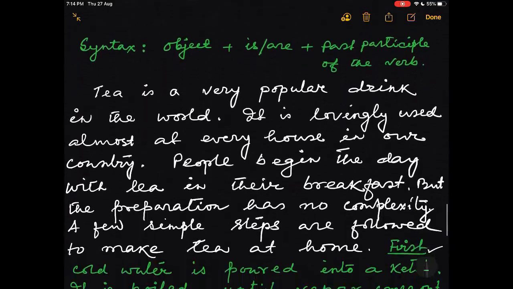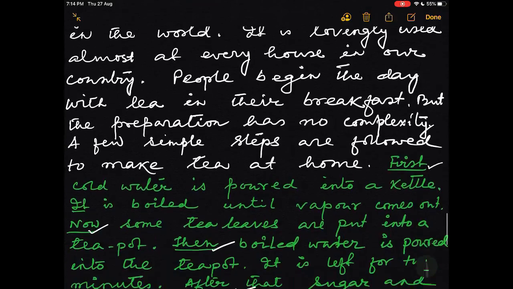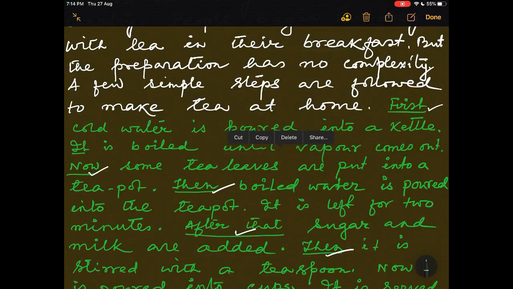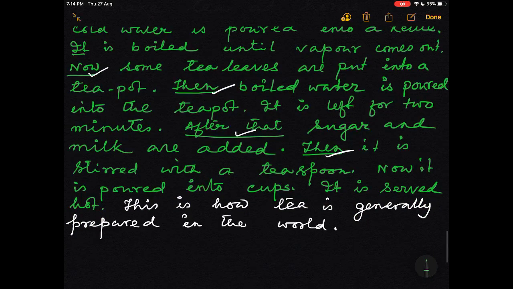Okay, number 2, try to make at least one sentence for each point. Okay. And number 3, if it is possible for you, try to give some introductory sentences and at least one concluding sentence.